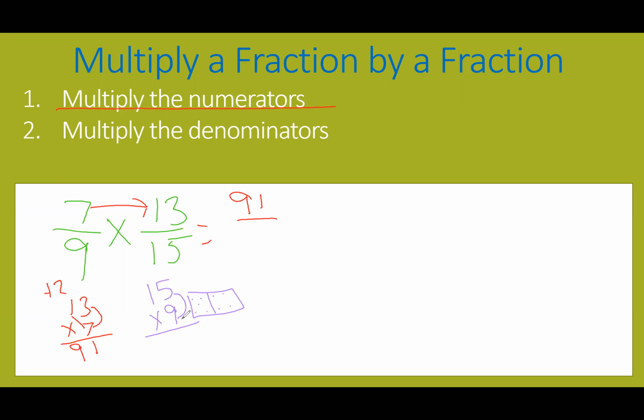Regroup. 9 times 1 is 9, 10, 11, 12, 13. It's 135. So this is my answer, 91/135.